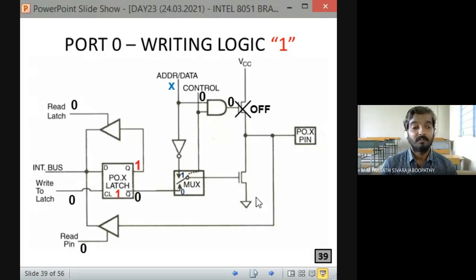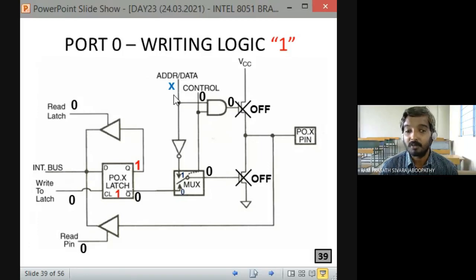Now what about the status of Q bar? Zero. Very good. What about the condition of the lower FET? Off. That means if both transistors are in off state, can you say how the pin is? It is open, this is open and this is open. What about the condition of the pin now?